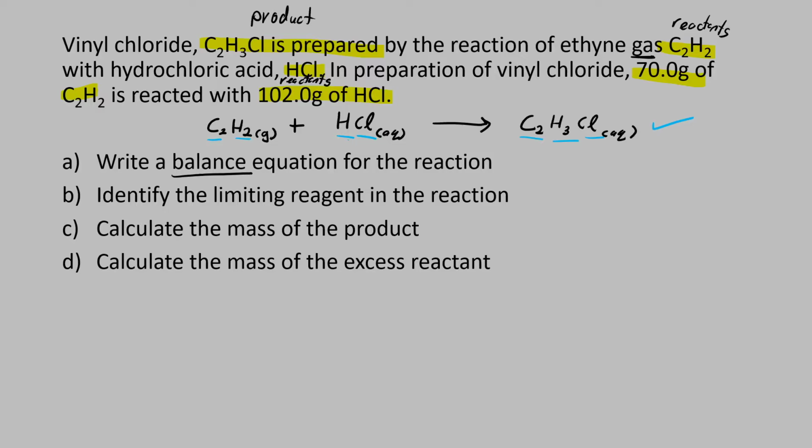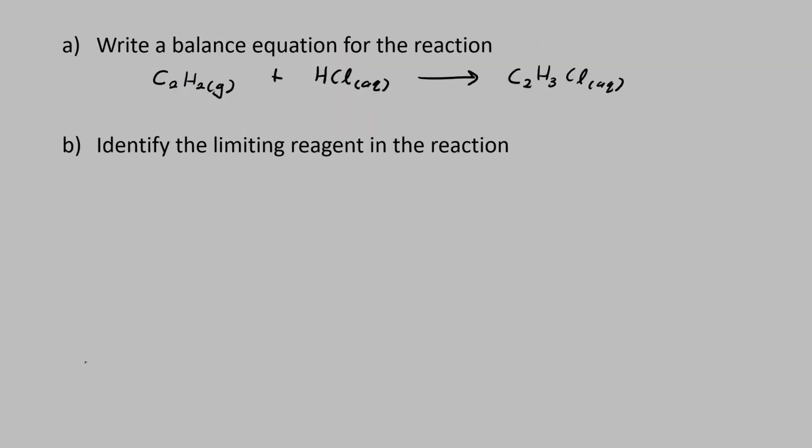So what is the other information? We have ethene gas of 70 grams and we have 102 grams of hydrochloric acid. So write it below so that you don't mix them up.